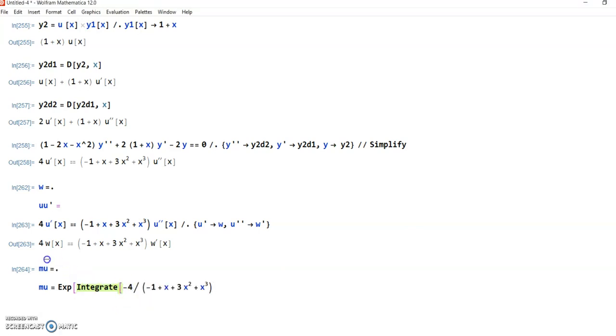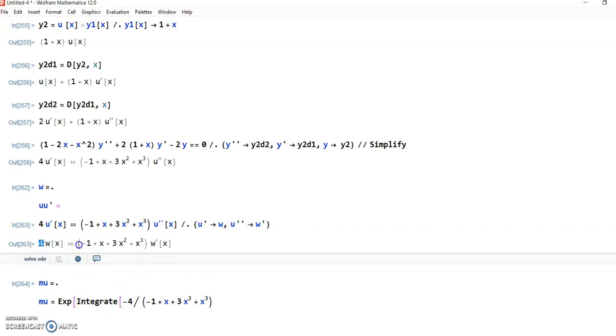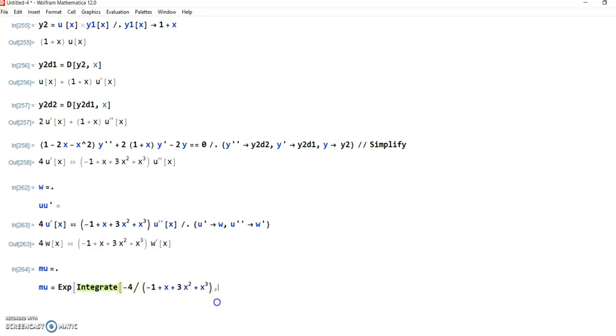So it is this 4 from here divided by this value, and it has to be negative because this term will come on the other side. So equal to x, and then close the bracket, and then I can use simplify as well over here, so I will get this.